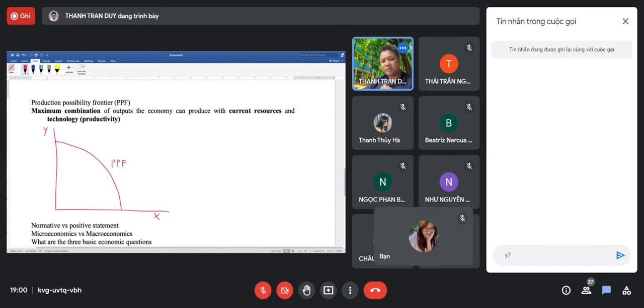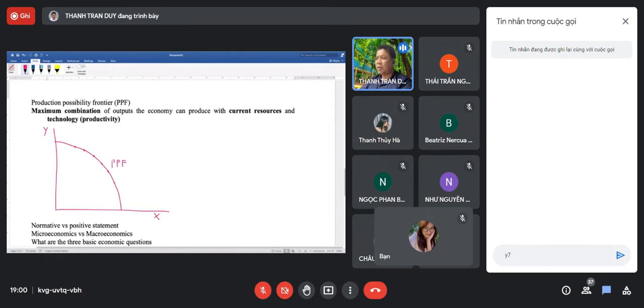Now for some scenarios: every point on the PPF curve, we say the economy is efficient, because all resources have been used to produce.